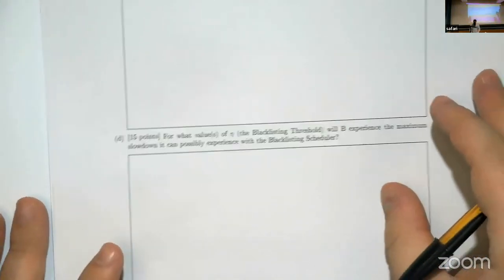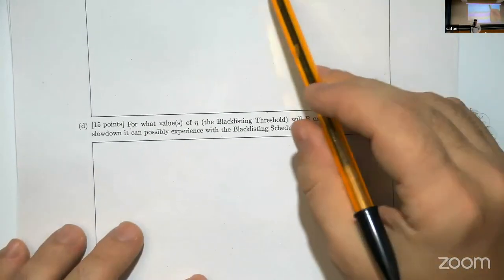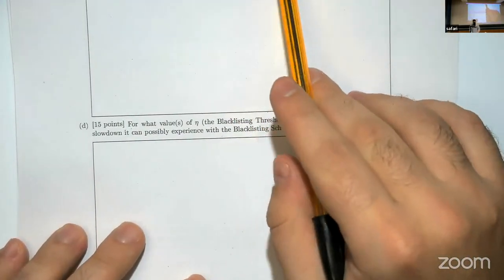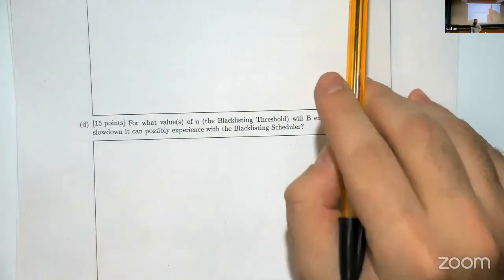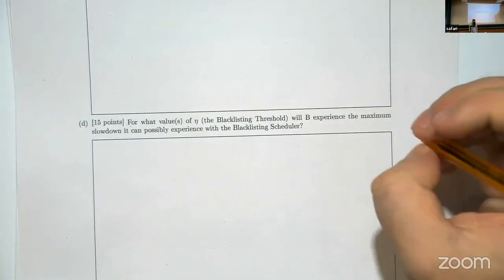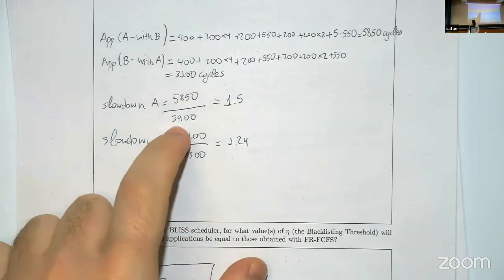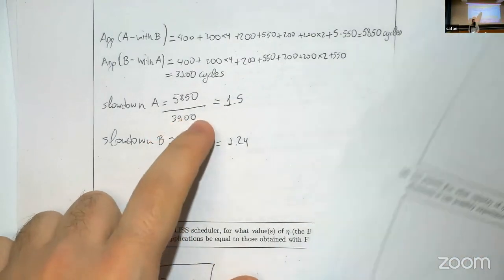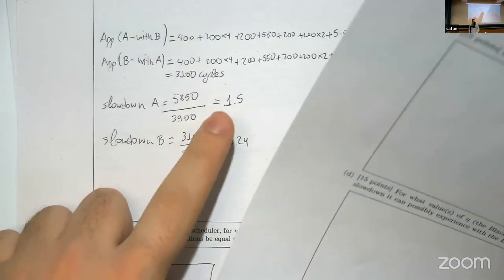So for what value of n, which is a blacklisting threshold, will the slowdown of A be smaller than 1.5? So right now we calculated here that the slowdown of A is 1.5 in this scenario, right?